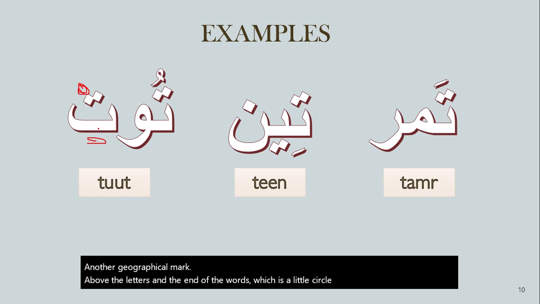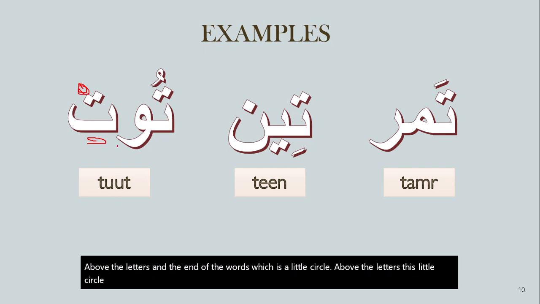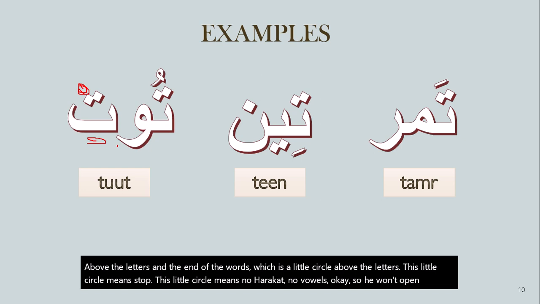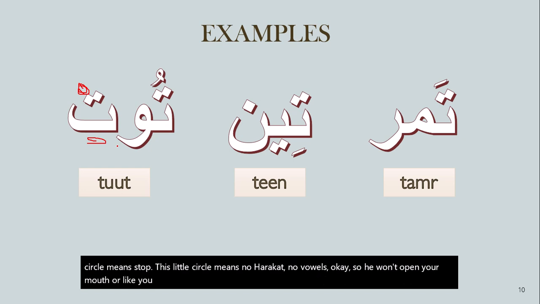This little circle means stop. It means no harakat, no vowels, okay? So you won't open your mouth, or like you would close it, or nothing. No ta or ti or tu, it's nothing, just ta, okay? So this is toot, okay?